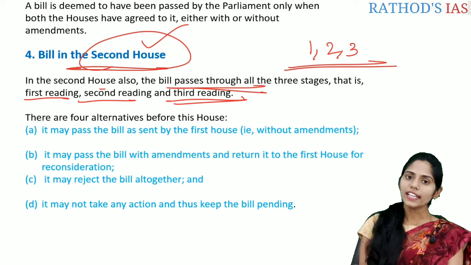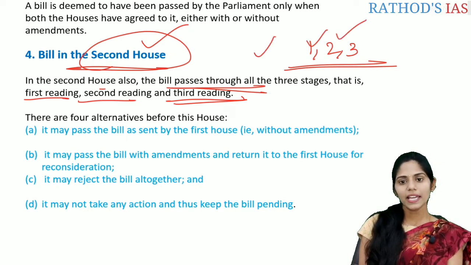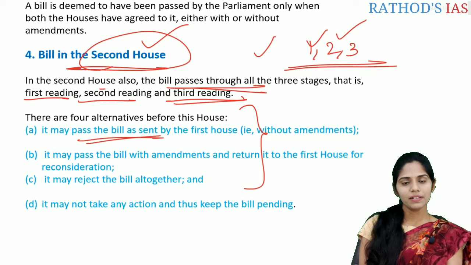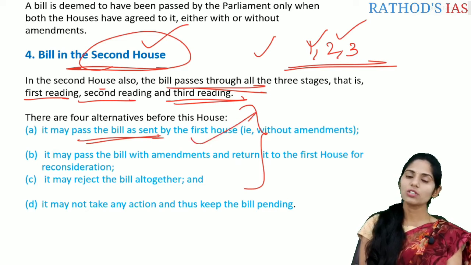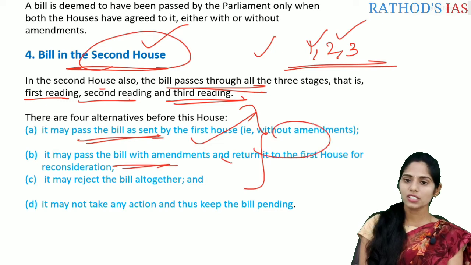After this first, second and third reading, there will again be some alternatives present before this second House. That is, it may pass the bill as sent by the first House without any recommendations or without any amendments. The second option is that it may pass the bill with amendments and return it to the first House.